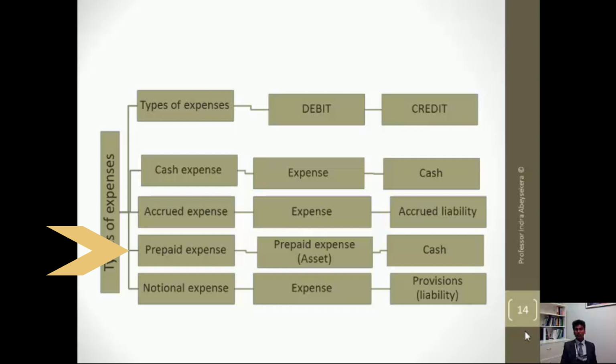We credit prepaid expense and we debit expense. If it is insurance, prepaid insurance expense, which is an asset, will decrease, and insurance expense will increase with debit. That is the third type of transaction relating to expenses.